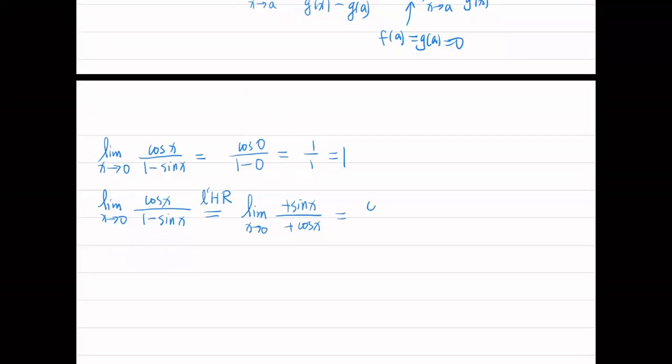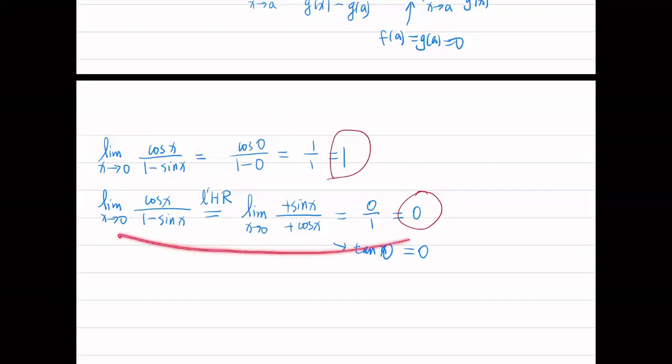So this will be 0 over 1 is 0, or it's tangent x, tangent 0 is 0. Okay, now we have two different answers, 1 and 0. So what is this limit? Why is this incorrect?